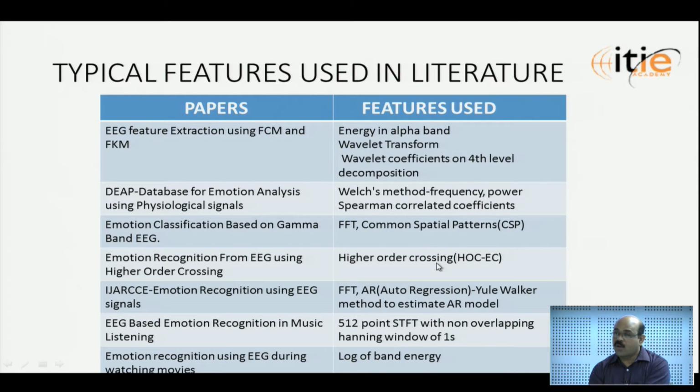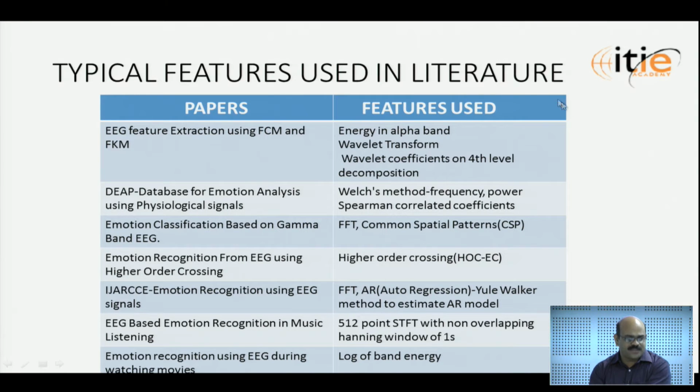Then higher order crossing, that is the high frequency component. The AR, autoregression, with the Yule-Walker method for estimation of the autoregression model. You will also find people trying out STFT, short term Fourier transform, also 512 point STFT, but that has already been overcome using the wavelet.